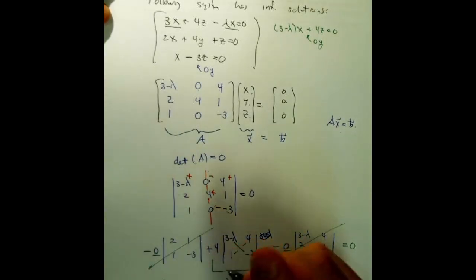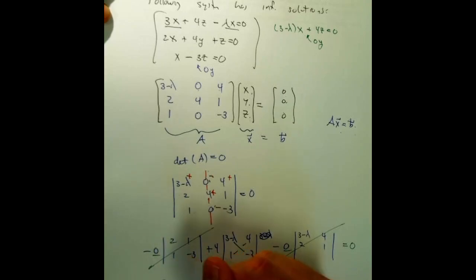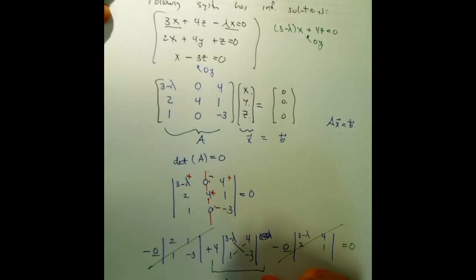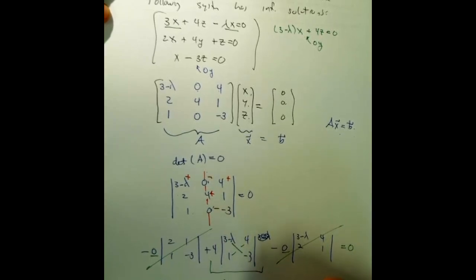And let's see, I can divide both sides by 4, and if I multiply the minus 3 through, I get minus 9 plus 3 lambda minus 4 is 0. If I add 9 plus 4, I get 13. So lambda is 13 thirds.